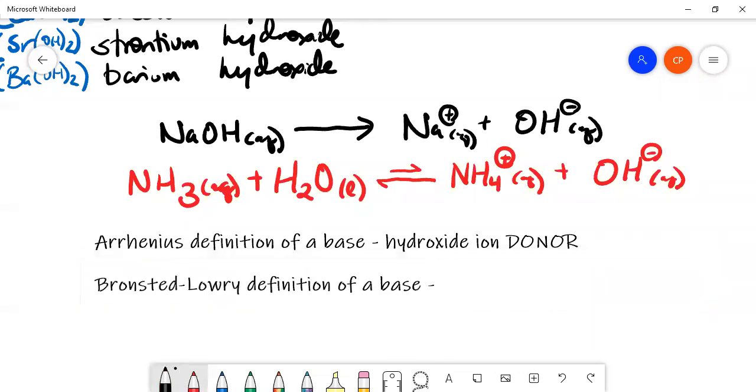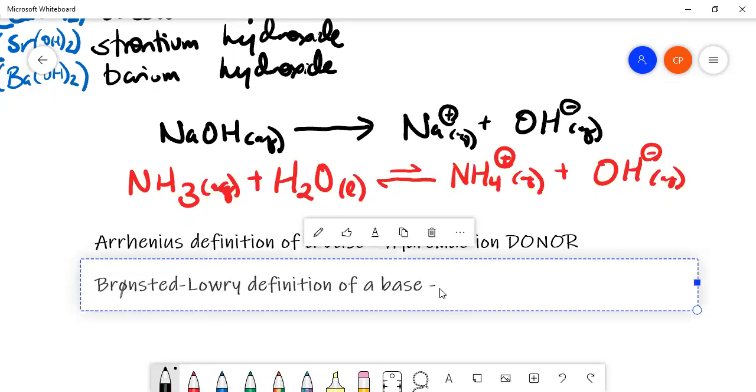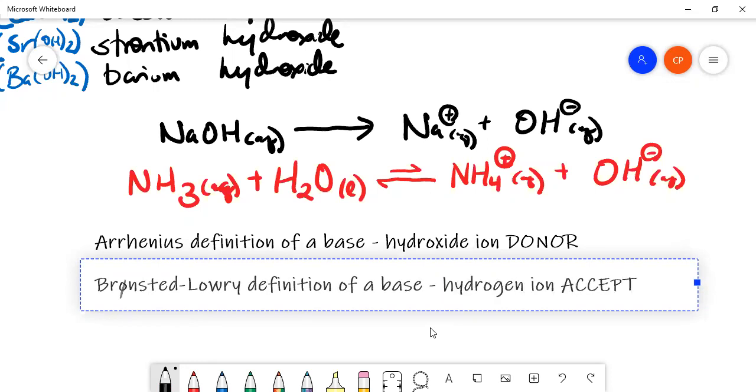The Bronsted-Lowry definition of a base is centered around hydrogen ions.